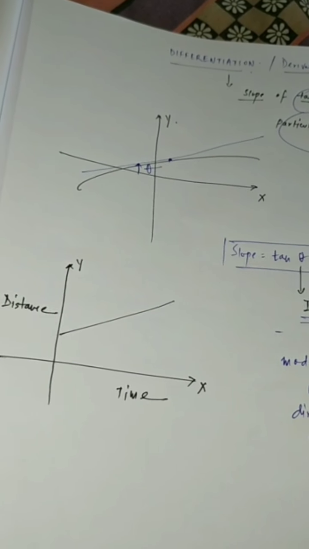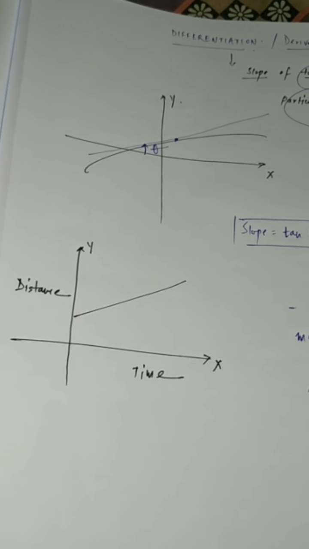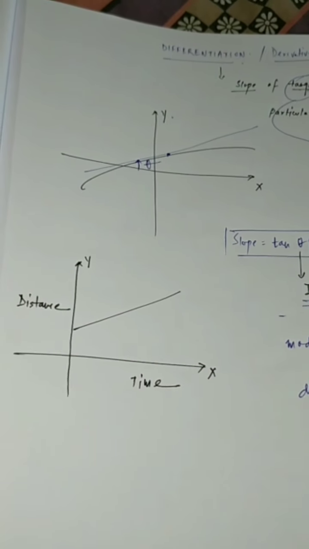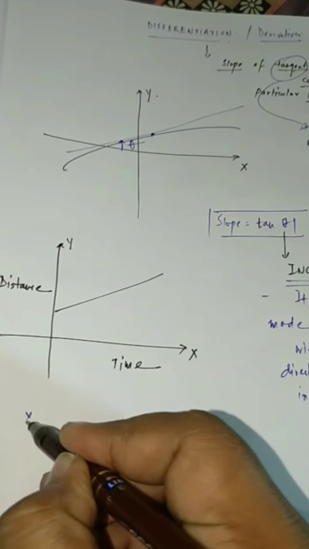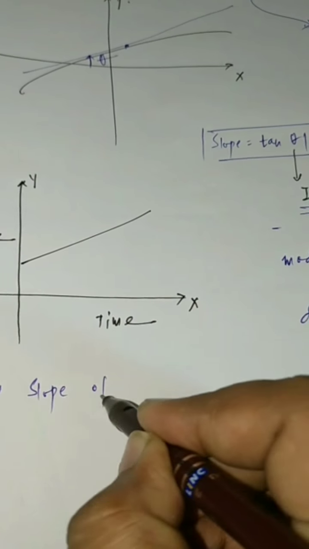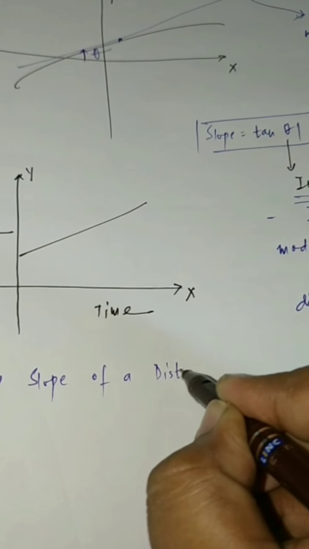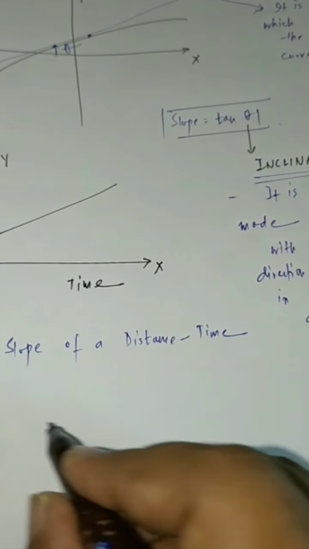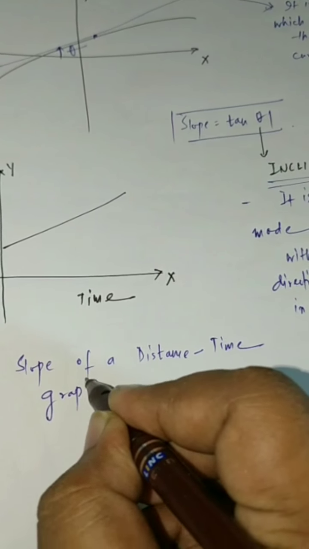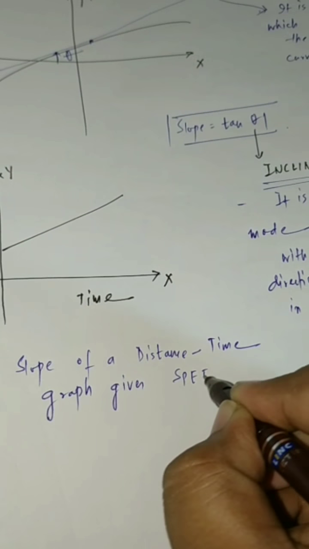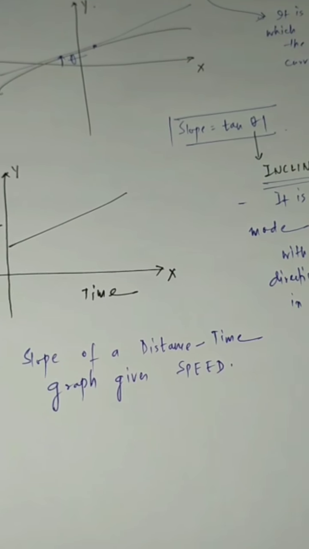This type of curve we have seen in junior classes, maybe class 8 or 9 in physics, the distance time graph. There we used to read one line in the book, that slope of a distance time graph gives speed. What is the meaning of this?